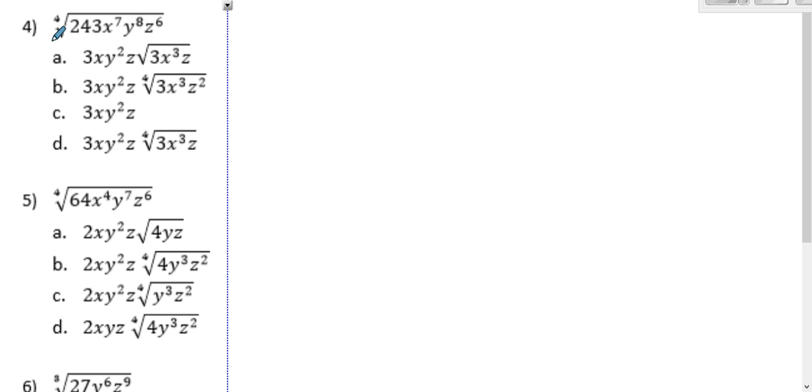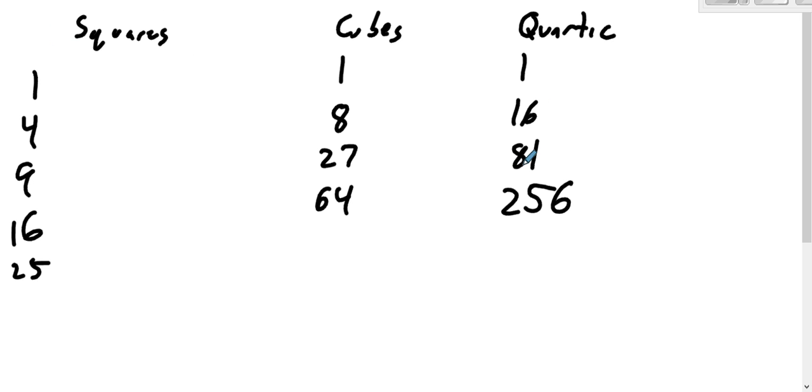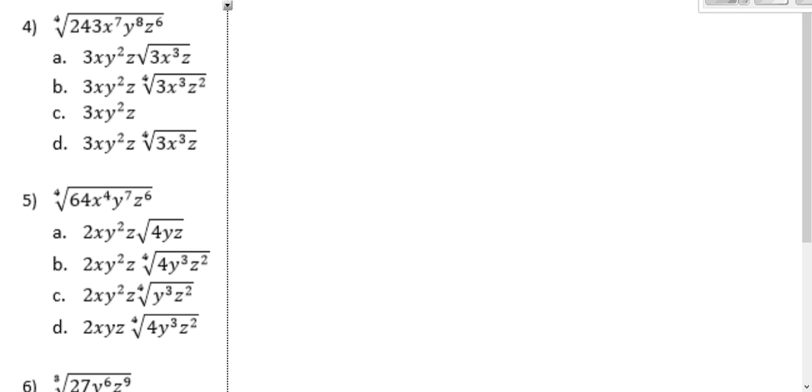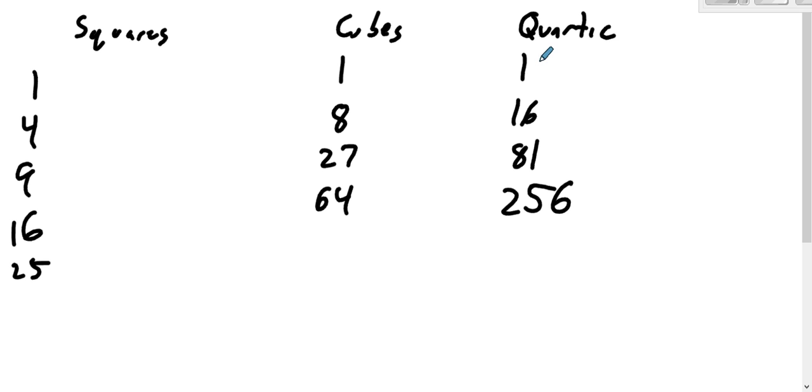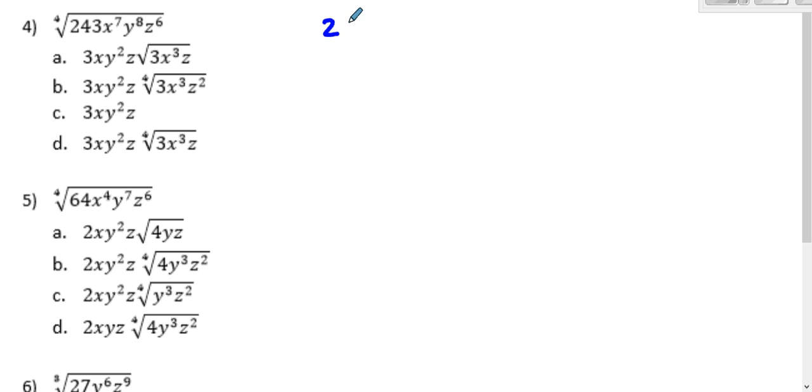So now we've got a 4th, so we can look at these quartics. So we're looking for 243. 243 is not a quartic, but 243 could be divided by 81. 243 divided by 81 is 3.